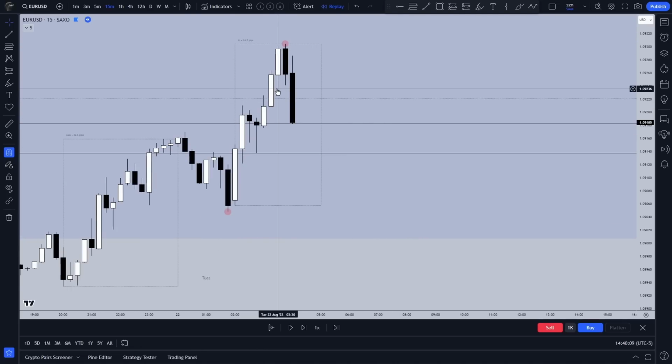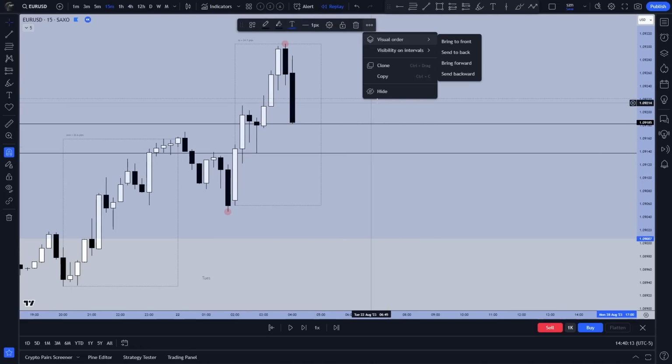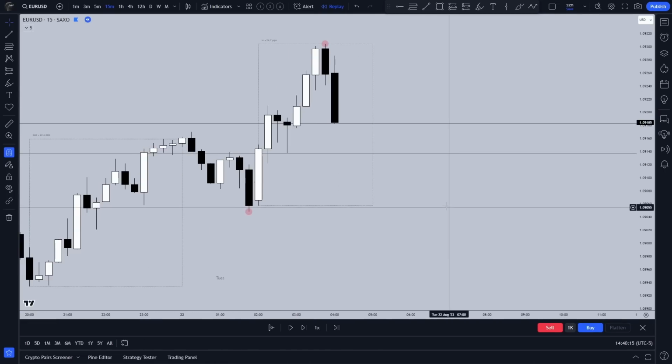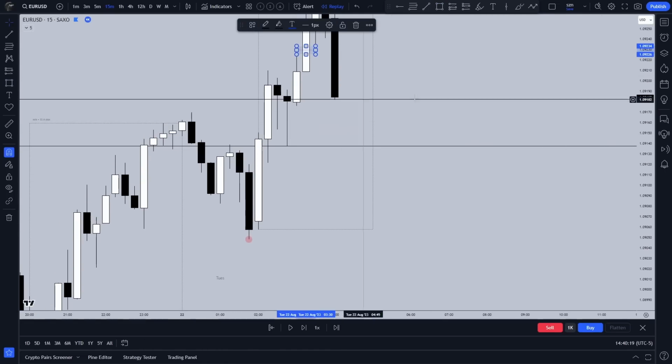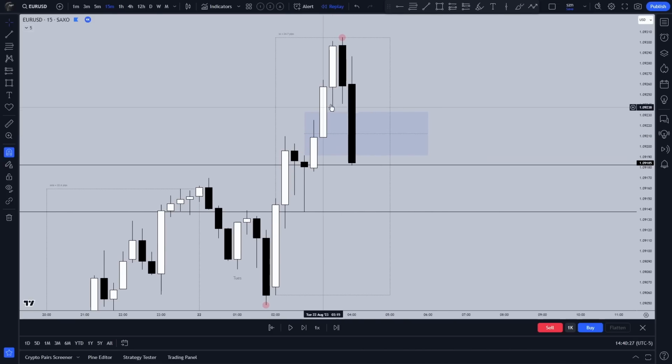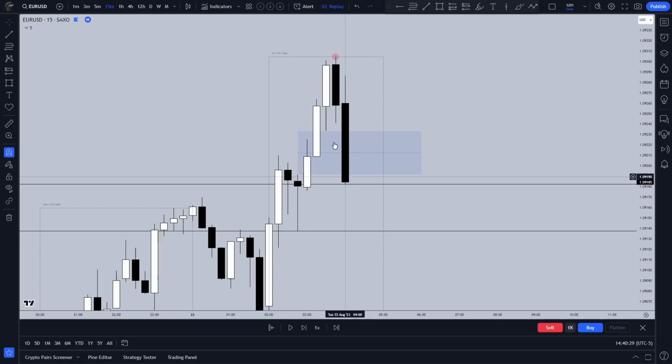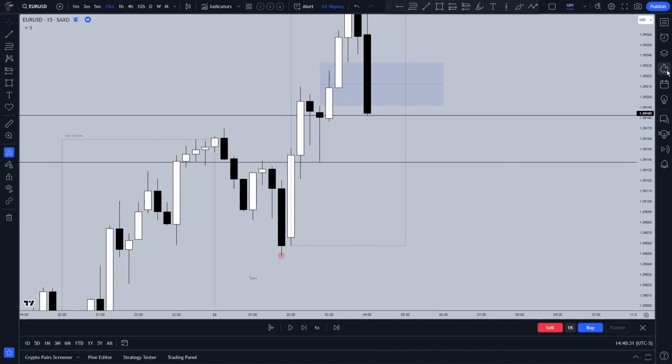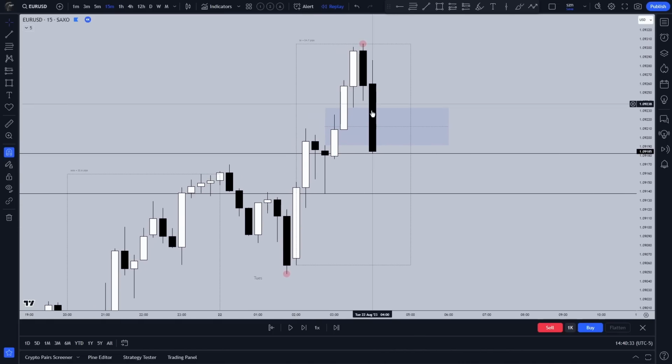So we can see we have two small fair value gaps here. We have one small fair value gap here and another one right below. So for the sake of simplicity, let's put it into one. We have this zone of imbalance, you could say here, and you could see price disrespected both fair value gaps, right?